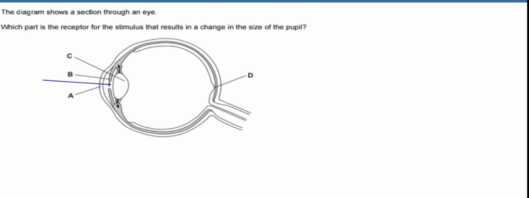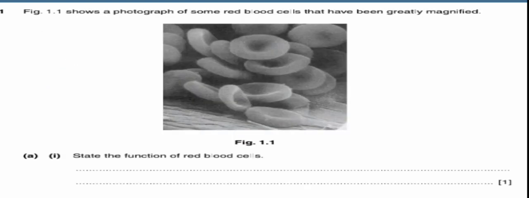Now this pupil is controlled by the iris, which is the part labeled B. So the answer is B, which is the iris. So the next question, it is coming from paper 2.